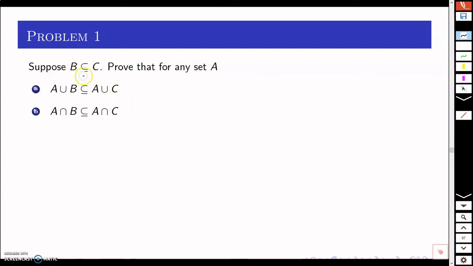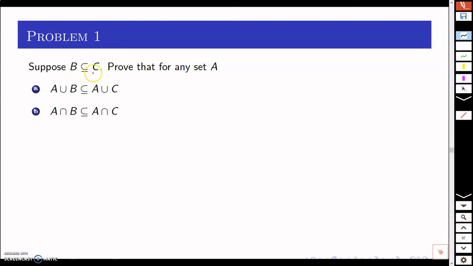If I know that B is a subset of C, I can take the union of A on both sides. And I can take intersection as well, and I'll have A intersection B is a subset of A intersection C. So I can intersect or take the union of any set I like on both sides if I have a relation of the form B is a subset of C.